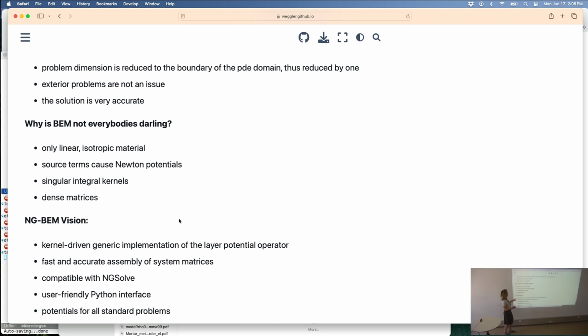I want to quickly say what we did to tackle those problems. There are standard integration rules on how to deal with these singular integrals. They are very well documented, and we implemented special integration rules to deal with this problem.